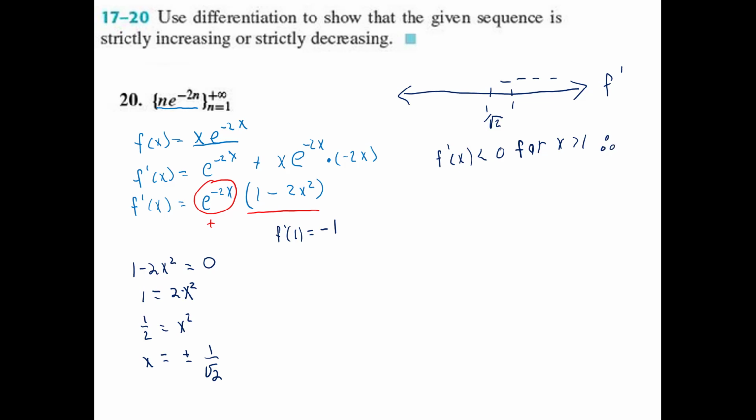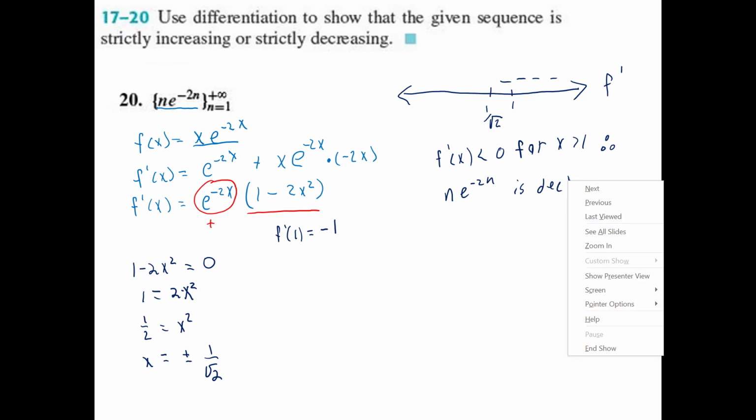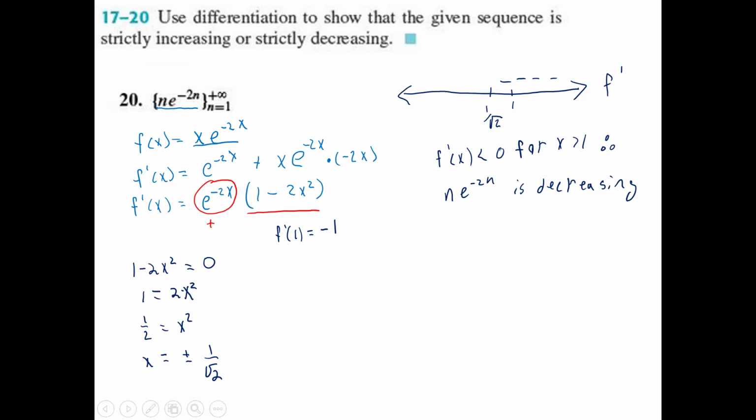Therefore, n e to the negative 2n is decreasing. Use differentiation to show that the given sequence is strictly increasing or strictly decreasing. It's decreasing.